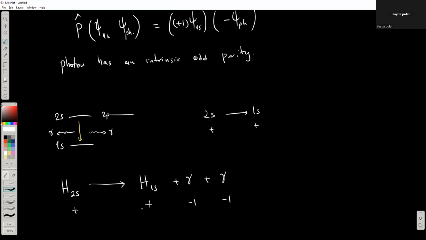If you just multiply all of them, the final parity of this final situation is also even, +1, and so therefore parity is conserved in this kind of a situation. Okay, so that's actually a well-known transition. Since it involves the emission of two photons, it's actually a very slow transition. So the lifetime of the 2s state is actually much longer than the lifetime of the 2p state.